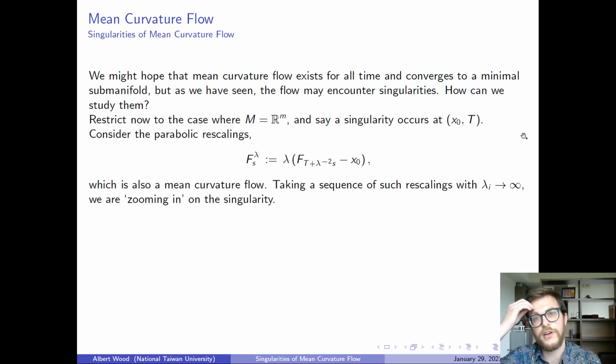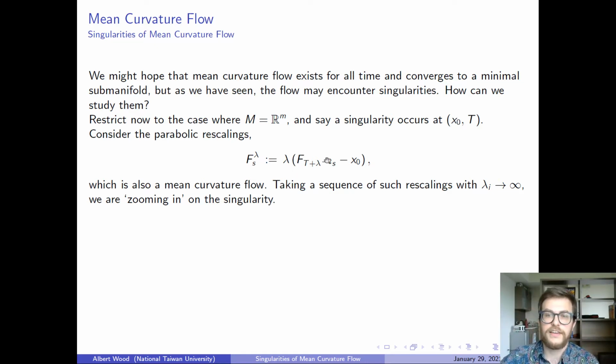So a natural way to study singularities is to perform a blow-up procedure, so we can examine the infinitesimal behavior of the singularity. Restrict for convenience to the case where the ambient manifold is R^n, and let's say a singularity happens at some space-time point (x0, T). Then what we can do is consider the parabolic rescalings, where we translate our flow to be centered on the space-time point (x0, T), and then we scale by lambda in the space direction and lambda squared in the time direction.